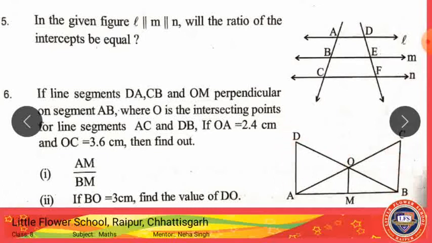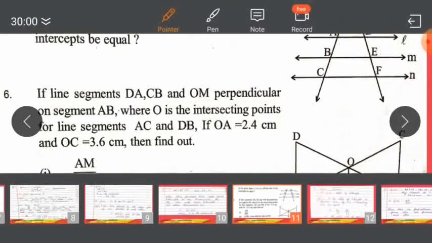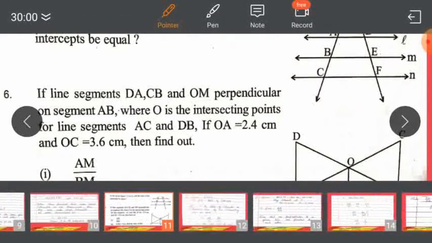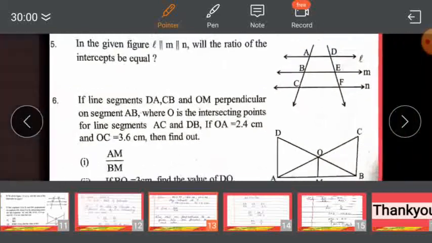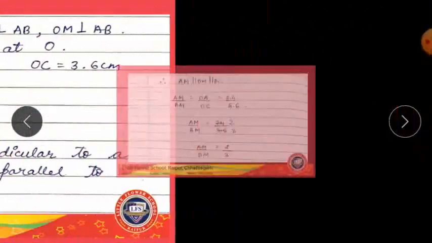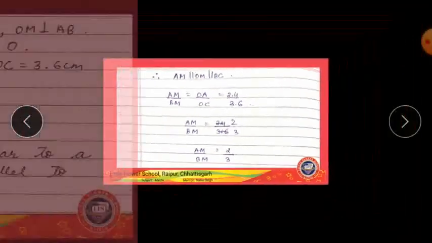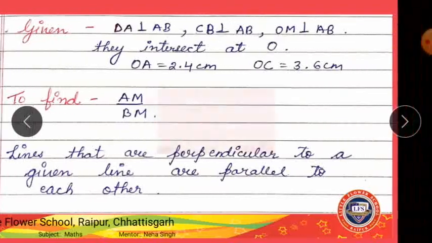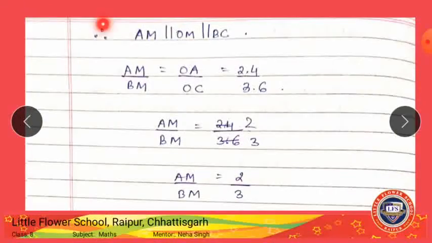Now since these three lines are parallel, this is the transversal, and AB is also a transversal, so we are going to directly equate the transversals. Here you write: lines that are perpendicular to a given line are parallel to each other. So now AD, OM and BC are parallel, and their intercepts will be equal.